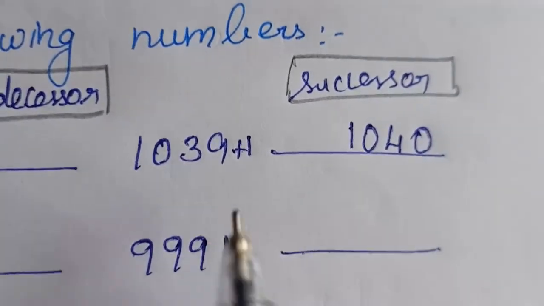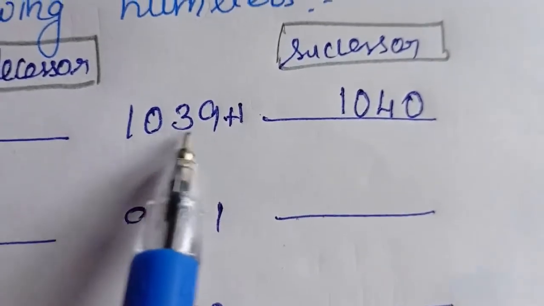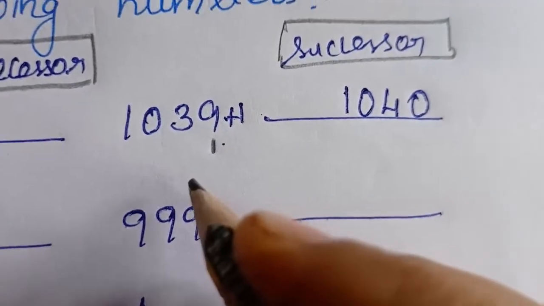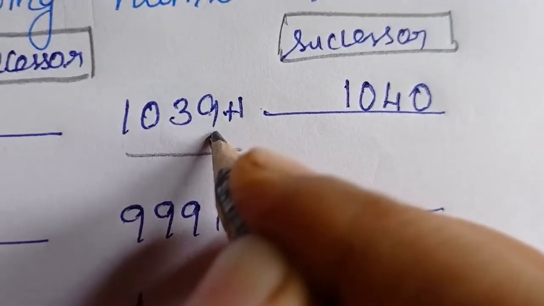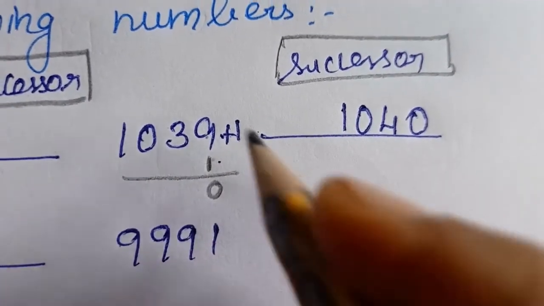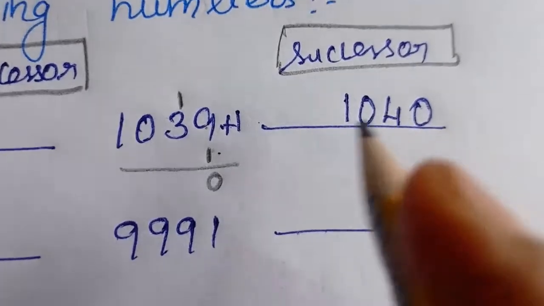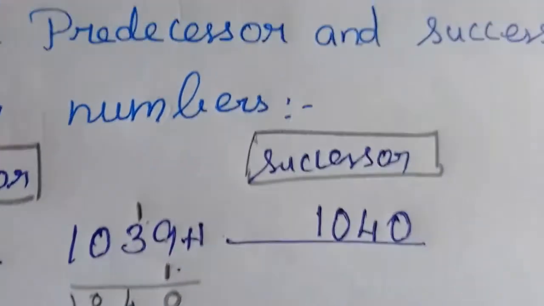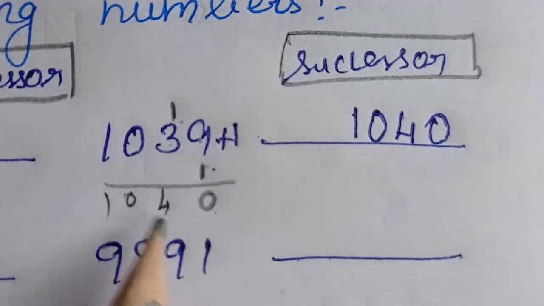If you add 1 here, 9 plus 1 is 10, so write 0 here and carry 1. Then 3 plus 1 is 4, and the remaining digits stay the same. So you get 1040.